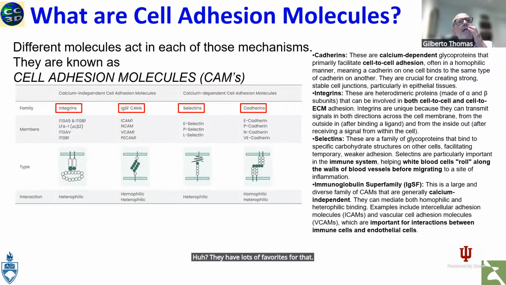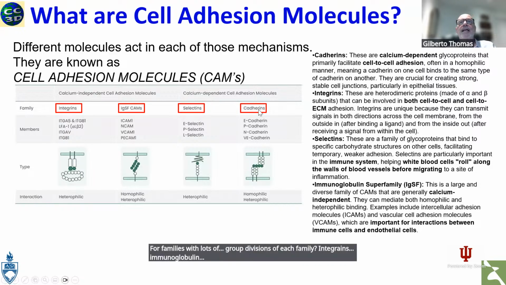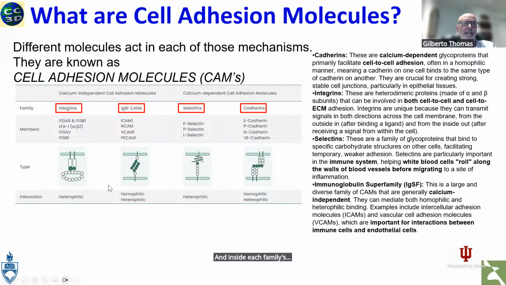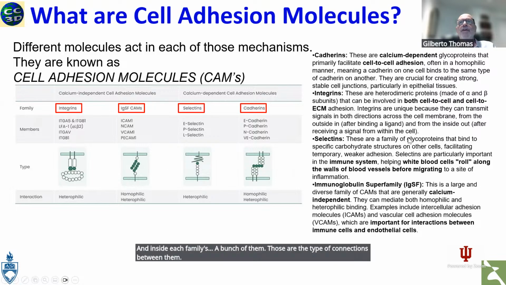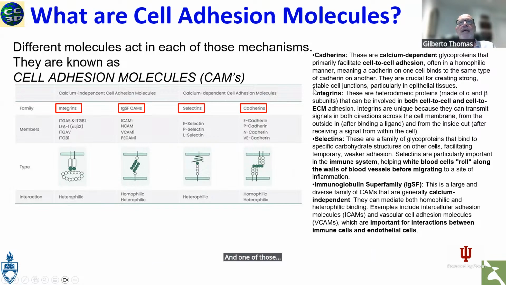See? 4 families with lots of subdivisions of each family: integrins, immunoglobulin, selectins, cadherins, and inside each family is a bunch of them. Those are the types of connections between them. And one of those, for example, cadherin, is the most common interaction between cells, cell-cell interactions.